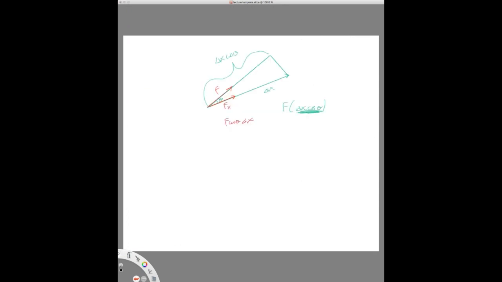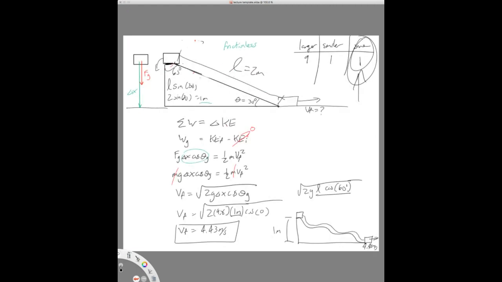So if we want to put that all together, it turned out that we can just write down a work formula for gravity once and for all. And every time we see gravity as one of our forces, we can just use this formula. So the formula was just, if we look back here, in this case, it's easier to see because the cosine of theta g, or cosine of 0, is just 1.